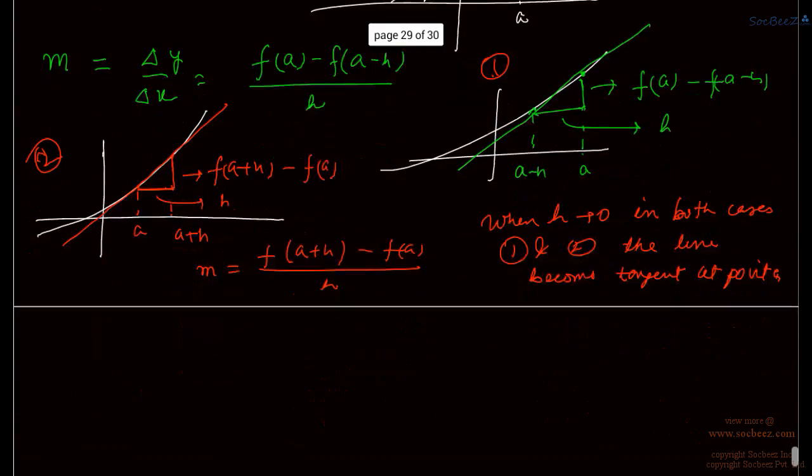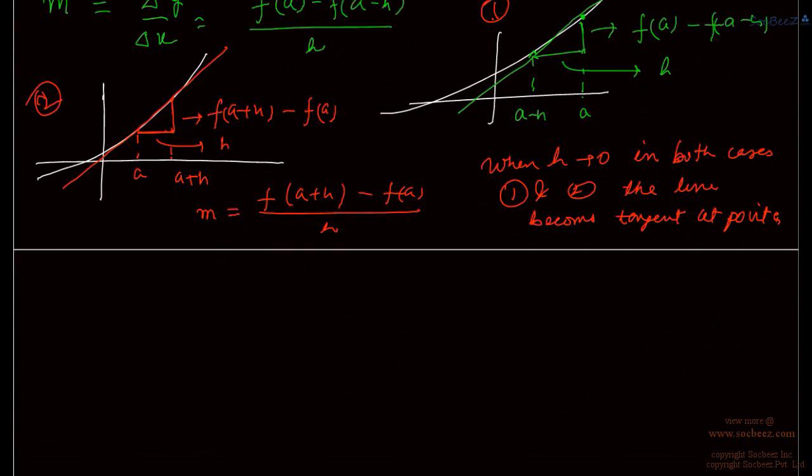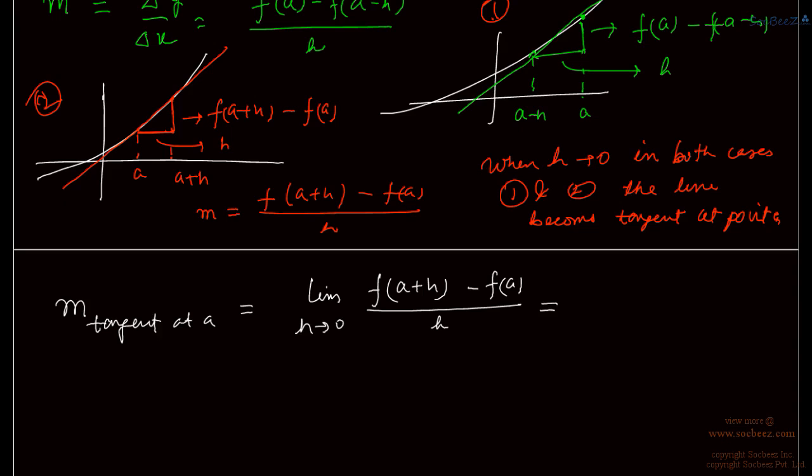And we have the slope of tangent at a. We can write it as limit h tends to 0 [f(a + h) - f(a)] upon h. This should also be equal to limit h tends to 0 [f(a) - f(a - h)] upon h, right?